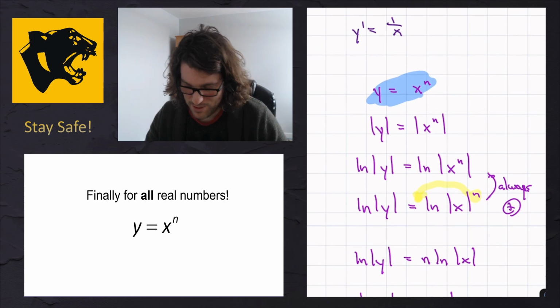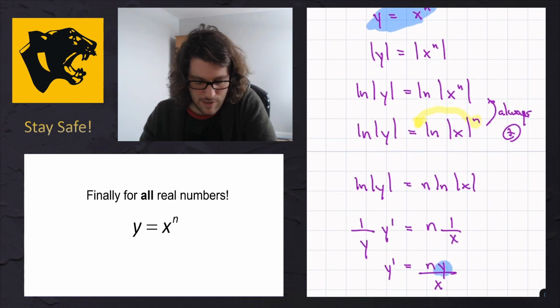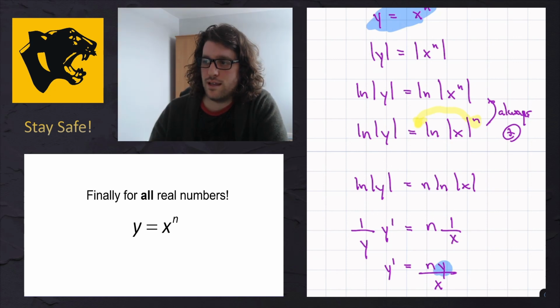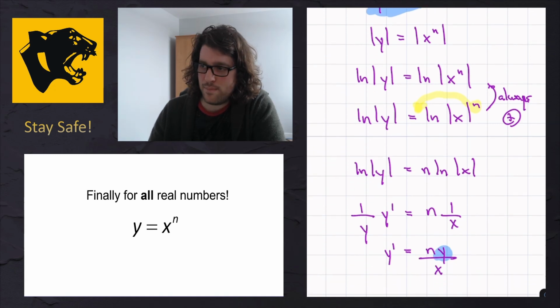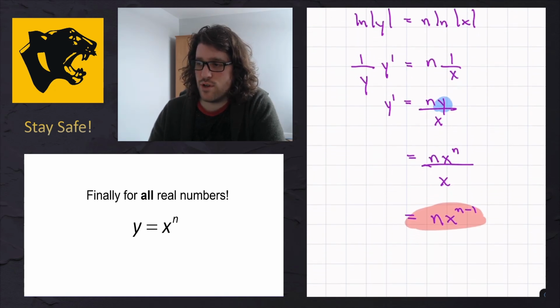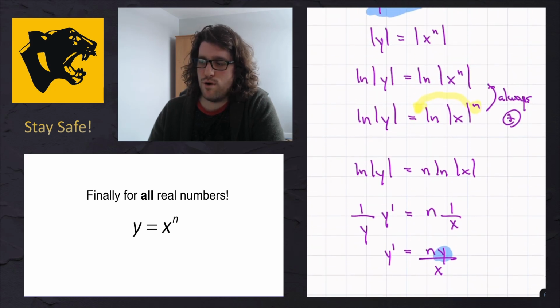One of the problems when I first did this, up at the very beginning, is that if you treat this like I did but don't include the absolute values, you get to the same result in the end, but that doesn't allow for x's to be negative.